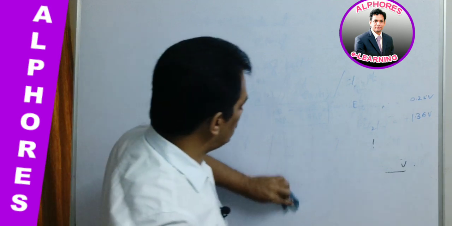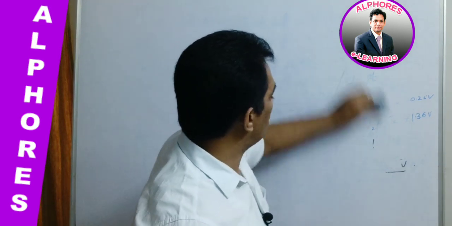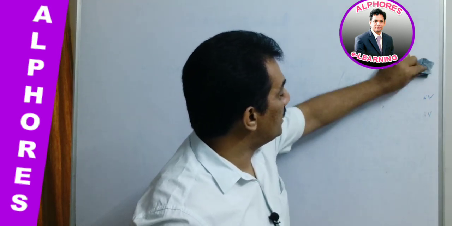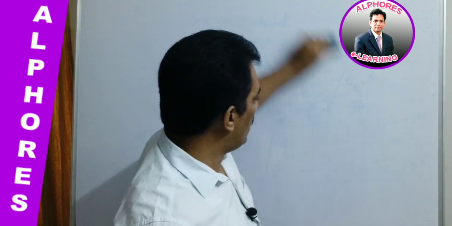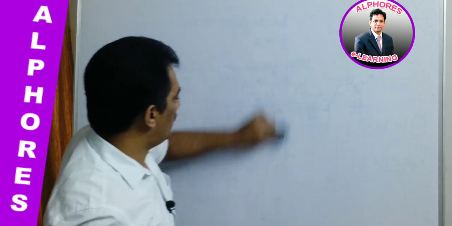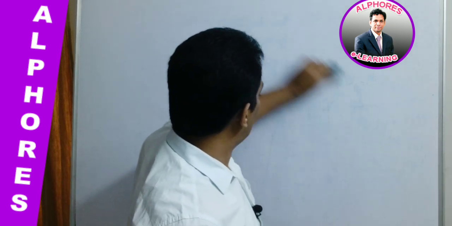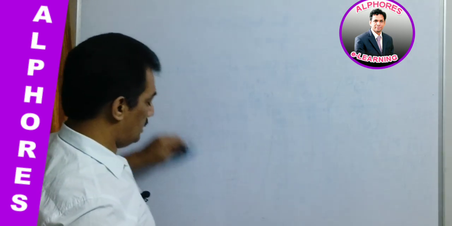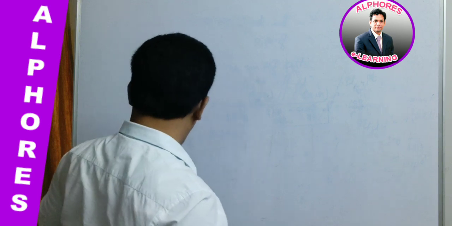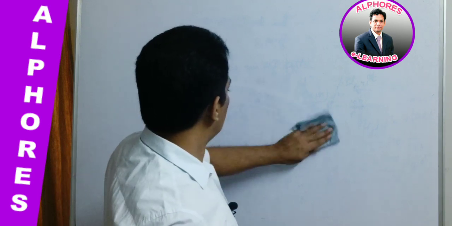Up to now what we discussed is the chemical cell, and after that one more type of electrochemical cell is there, that is the concentration cell. And now we have to move into that.